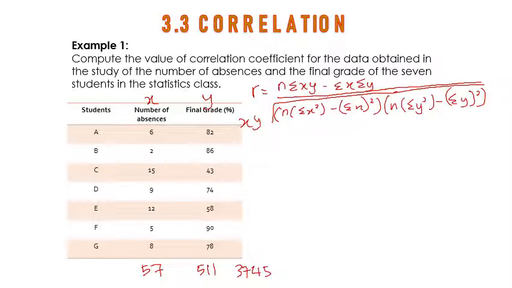And the values of x square and y square here: 6 square, 2 square, 15 square, and the summation of x square we have 579, and the summation of y square we got 38663.